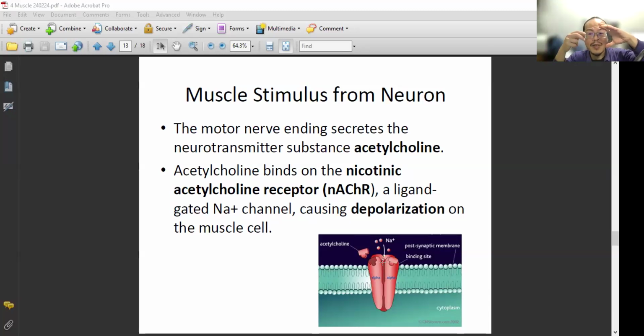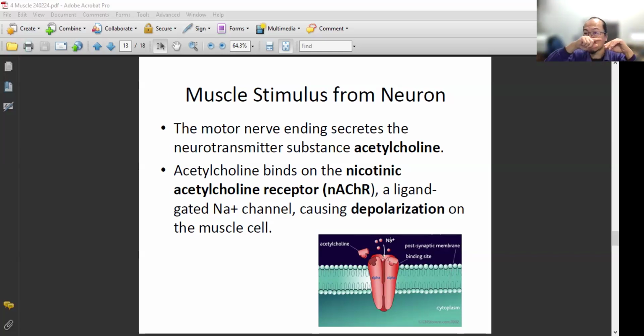When sodium comes in, it brings positive charge. Sodium is positively charged. Here you can see Na+. It will make the membrane potential positive. You excite it, you depolarize it, and then it will trigger an action potential of that muscle cell.